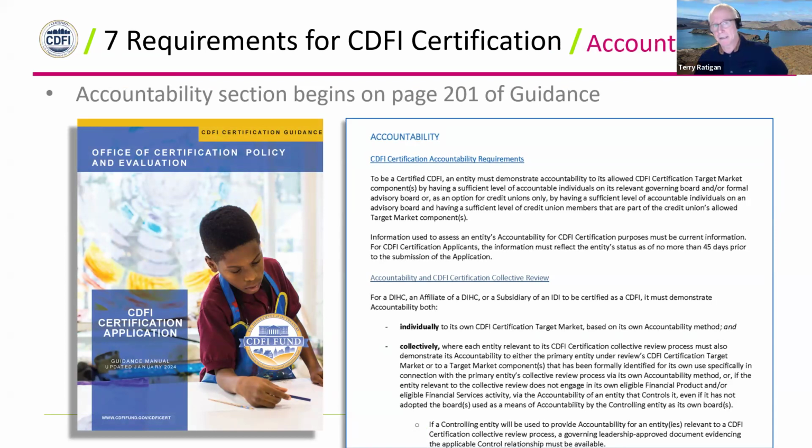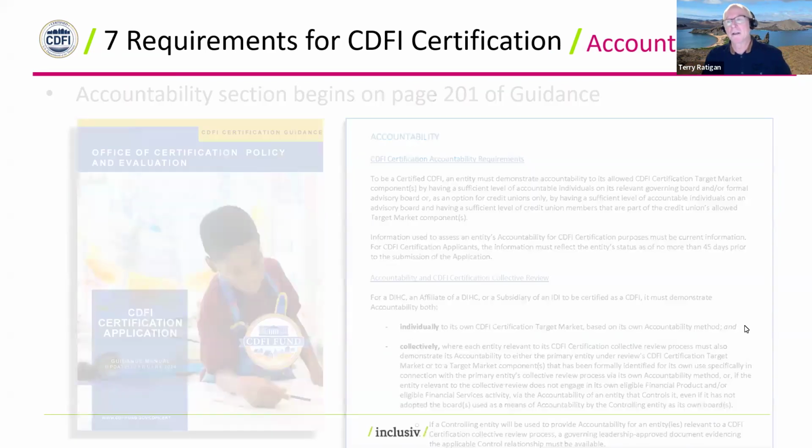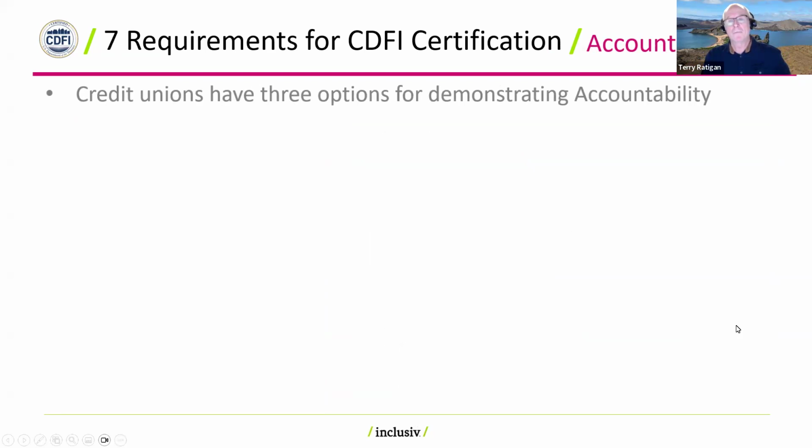Like I said, the guidance is a long document, but you can cut to the chase by going to the accountability section, page 201. There are described in that section 4 different options for meeting accountability. 3 of them apply to credit unions.